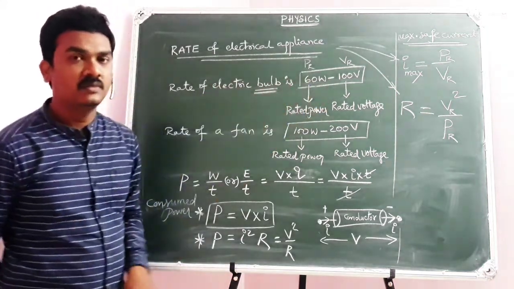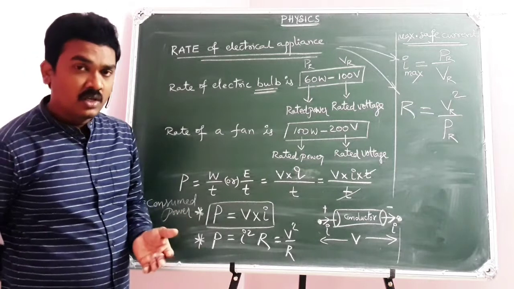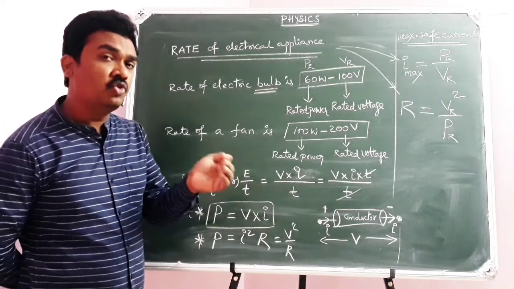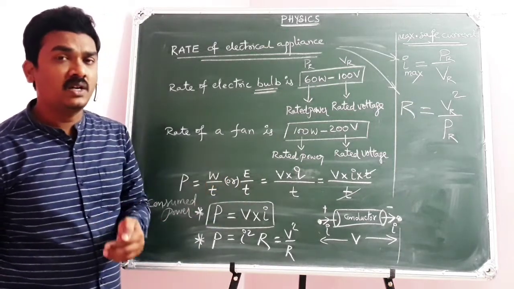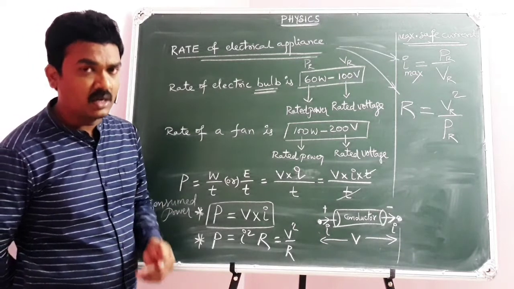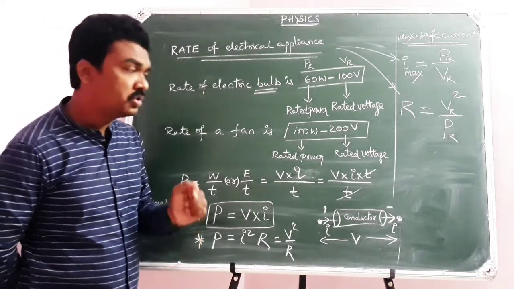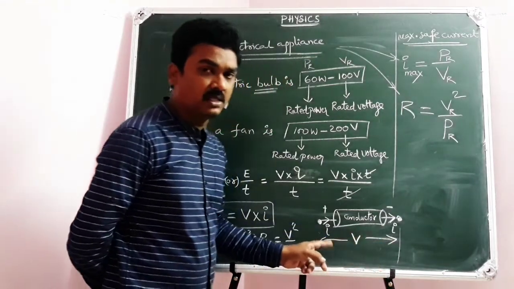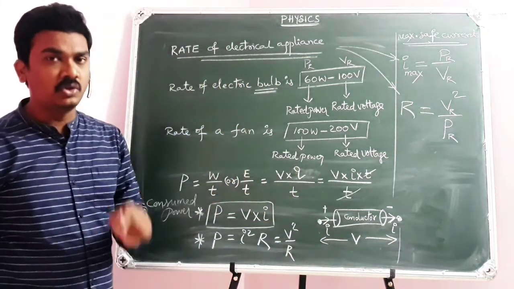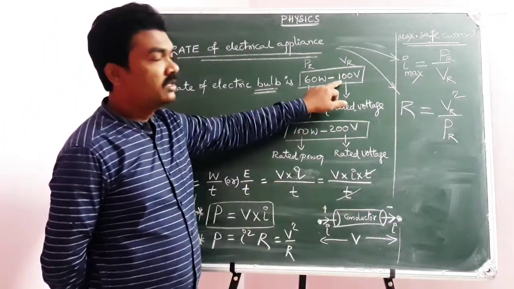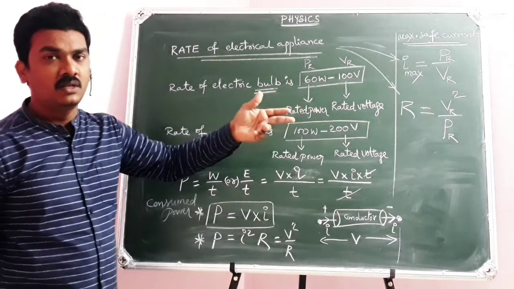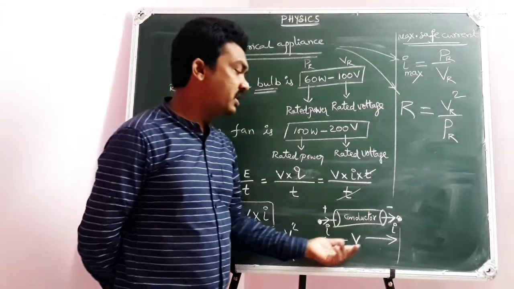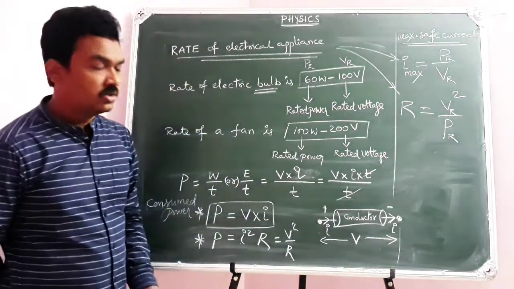Later, if you wish to measure the consumed electric power, what is the electric power consumed by your electrical appliance? For that you should know the potential difference across the appliance in the electric circuit. This is rated voltage, which need not be the same as the potential difference in the electric circuit.